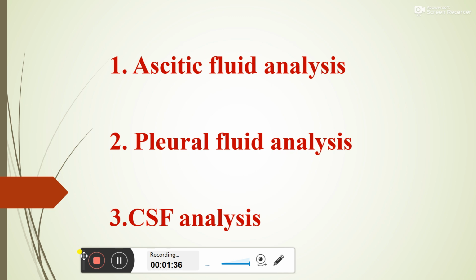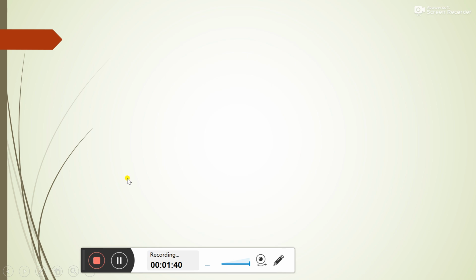At first, I am going to start with ascitic fluid. When we collect the ascitic fluid, we will send the ascitic fluid as well as a blood sample. In blood we will send LFT: SGOT, SGPT, and especially albumin level and protein level.